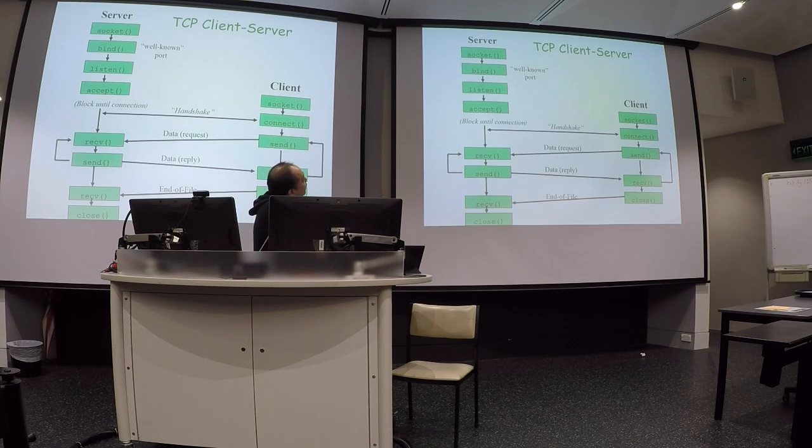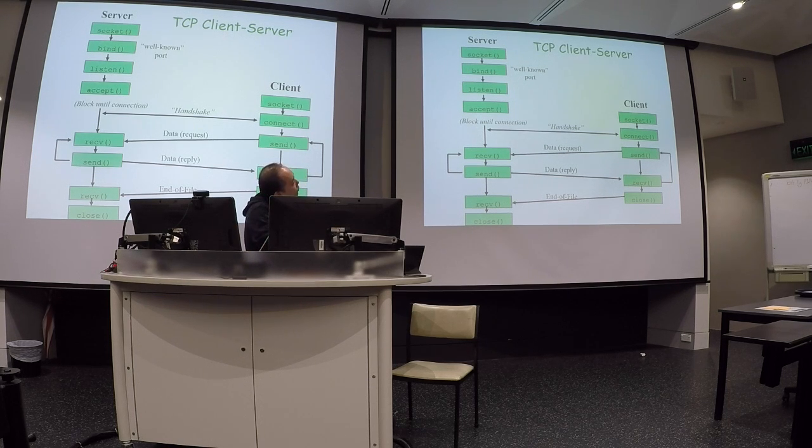The socket created by the socket function, on the other hand, is used for simply listening to connection requests. It will not be used for any other purposes, just to listen to incoming connection requests. Okay? So that's the difference. So after this accept function, we have established a connection with the client. So the next step is to use the receive function and the send function to exchange information with the client.